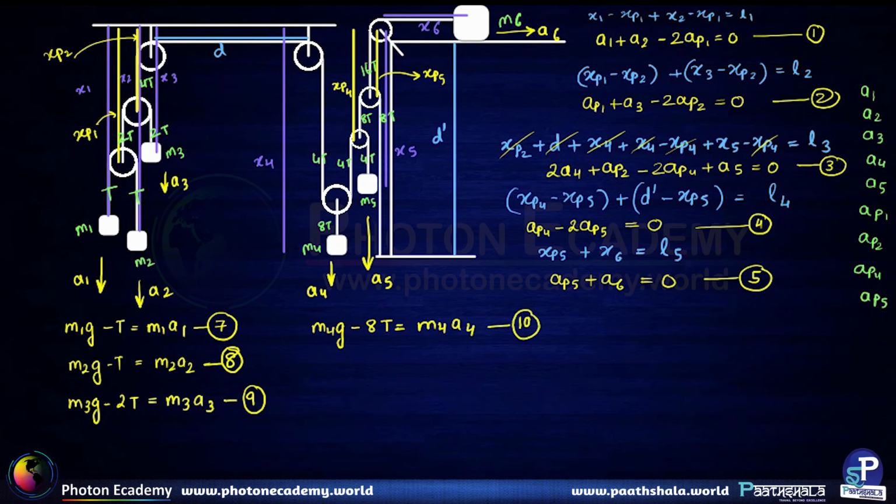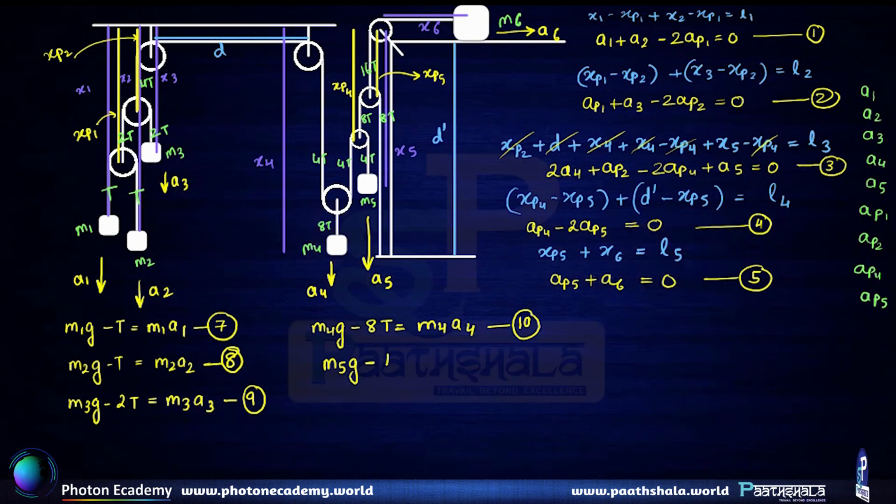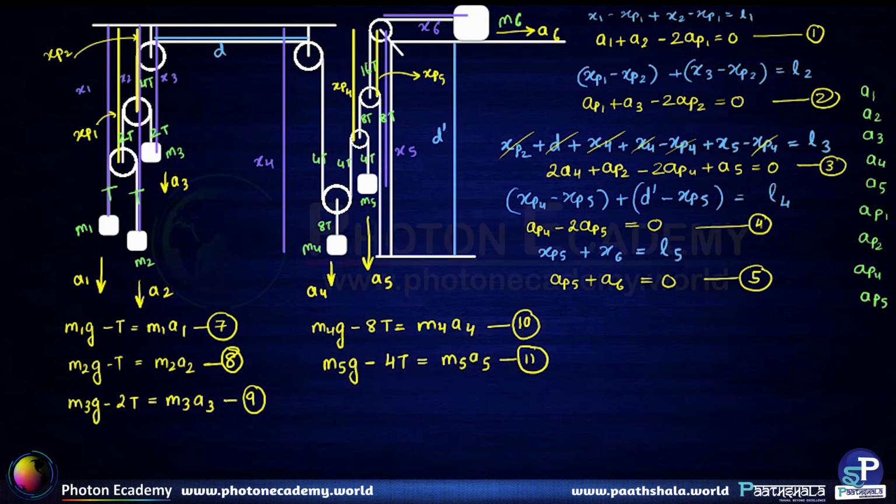For the mass M5, we may write down M5G minus 4T is equal to M5A5. I have missed equation number 6 actually, so I'll label the next one as equation number 6, no problem.